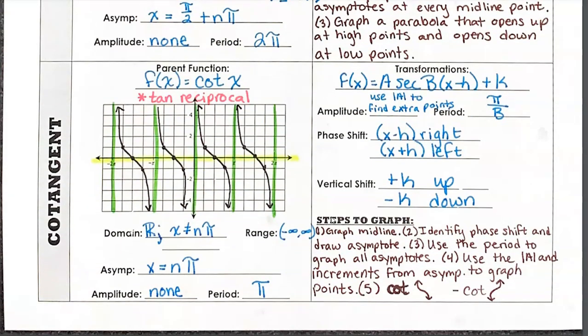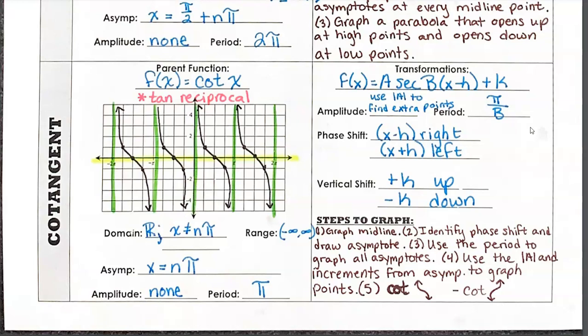And then again, our cotangent is going to be graphed almost the same way as our tangent, except instead of starting at our middle point on the graph, we're actually going to start with our asymptotes. Number 1, always first we graph that midline. Then I'm going to look and see if I have a phase shift. If I do not have one, like I do not here, then that goes on the y-axis at the 0.